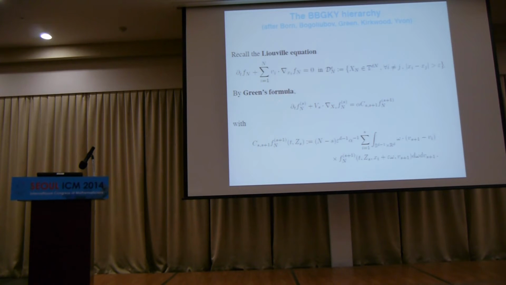So you get just this transport. Capital V is the set of v_1 to v_s, and capital X_s is the set of x_1 to x_s. On the right-hand side, you get basically the same term as the one I wrote down slowly last time, or almost. This n minus s tells you I decide this particle x_{s+1} is hitting a particle, but I had n minus 1 possibilities, living at s+1, s+2, up to n.